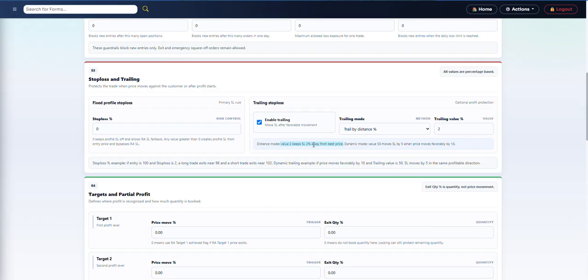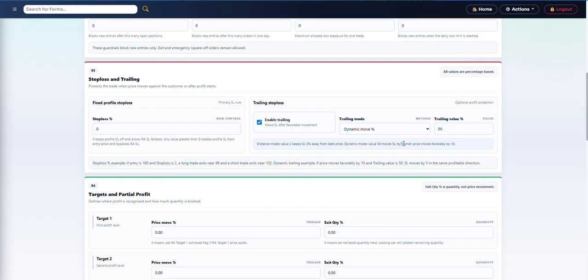This is how distance mode works. If you are selecting dynamic move and you select 50 rupees, say the entry price was 100 rupees and now it is trading at 110 rupees, then the price has moved 10 rupees. In that case, your SL will trail by 5 rupees.